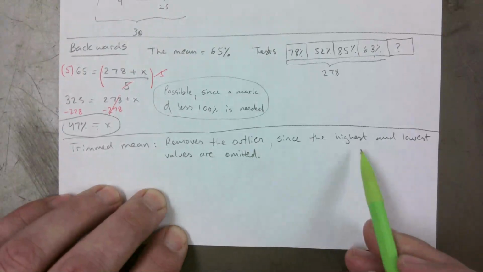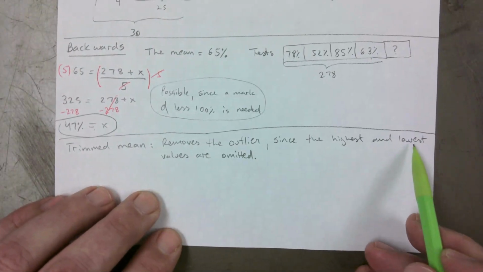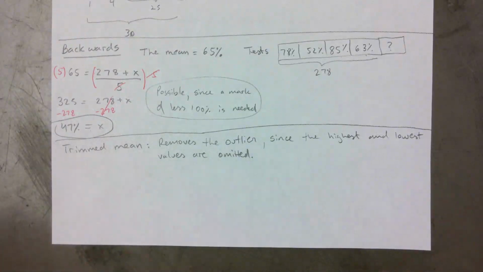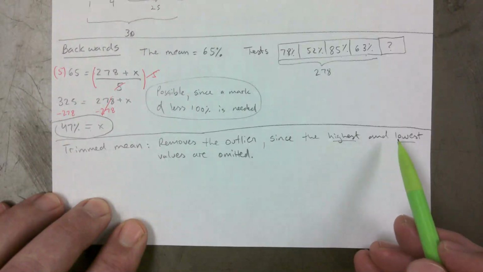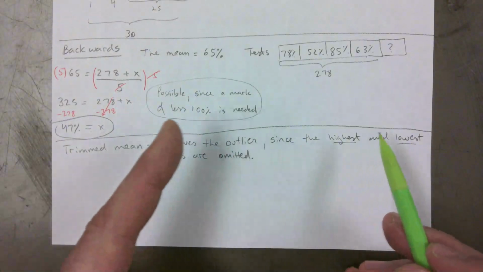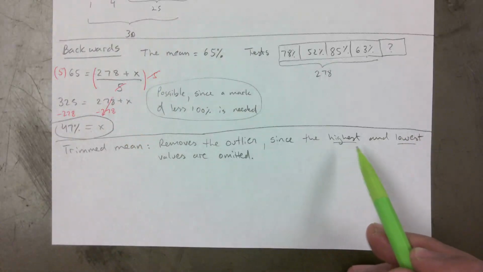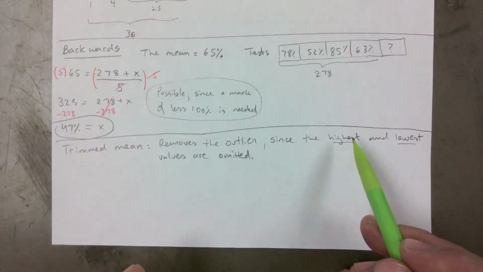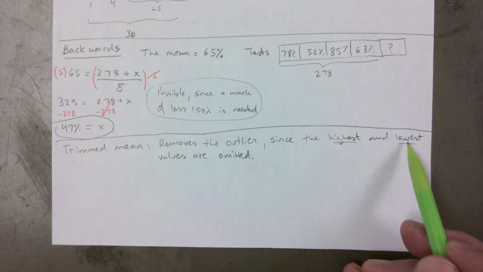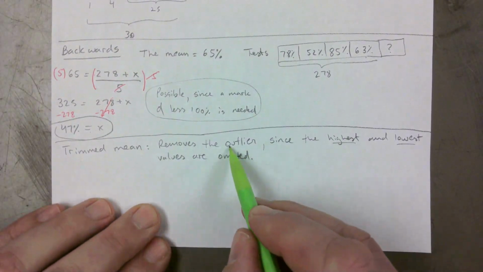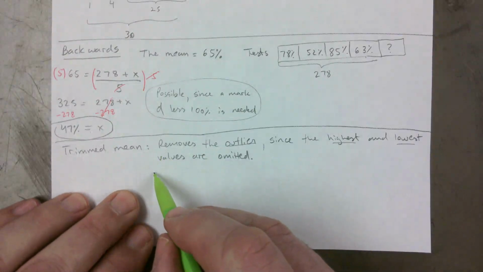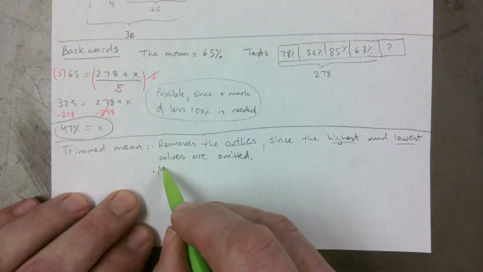I have to say here, it could be the 2 highest and the 2 lowest. The question will tell you, but regardless, the outlier is going to be on one of the ends, either on the low end or on the high end. And so what we do is we remove one from each end, and in so doing, you get rid of the outlier.